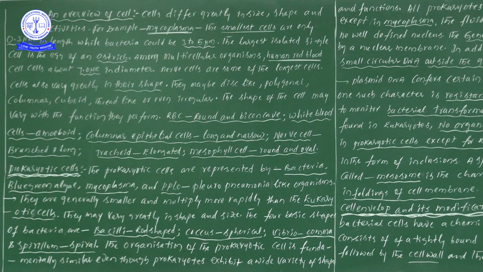Later, all kinds of cell organelles are present in eukaryotes. In prokaryotes, all kinds of cell organelles are absent except ribosomes.